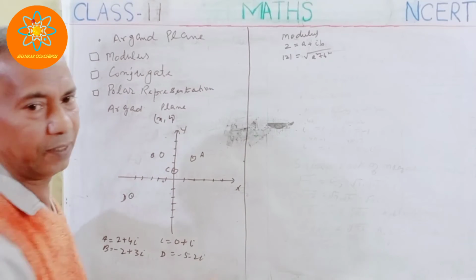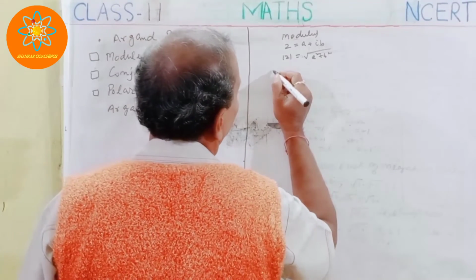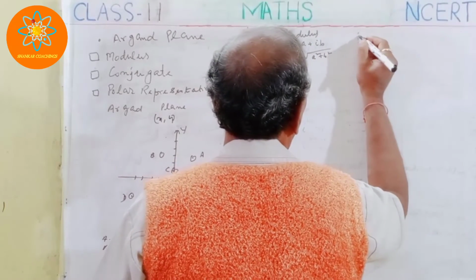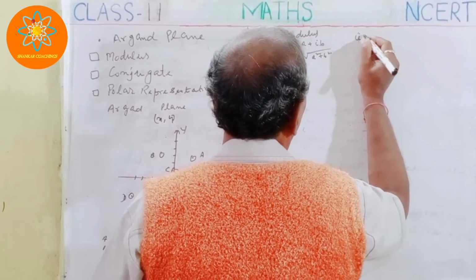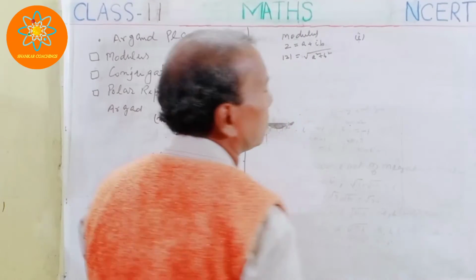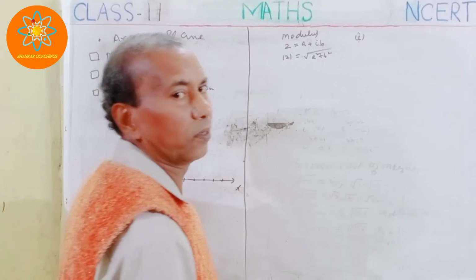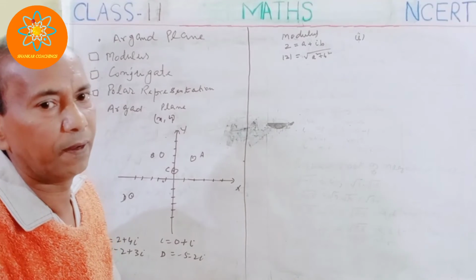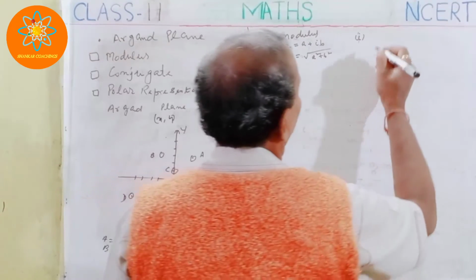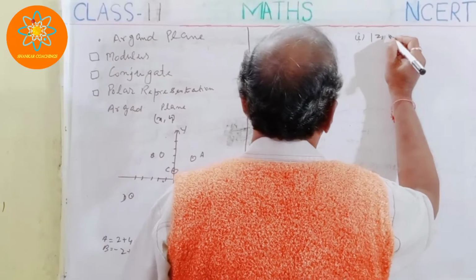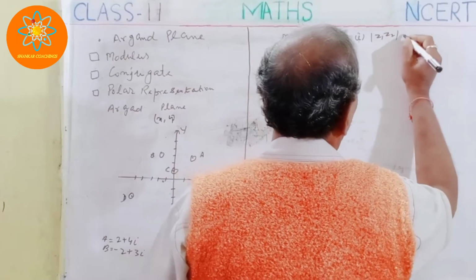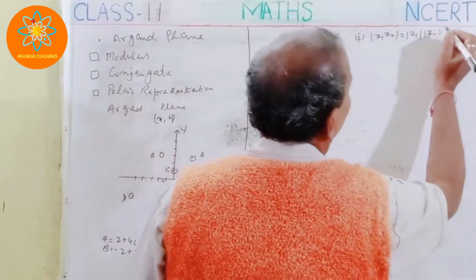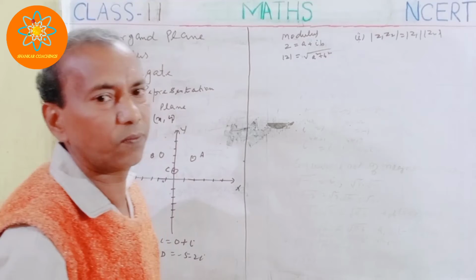Formally, the modulus of z1 times z2 is equal to the modulus of z1 into the modulus of z2.